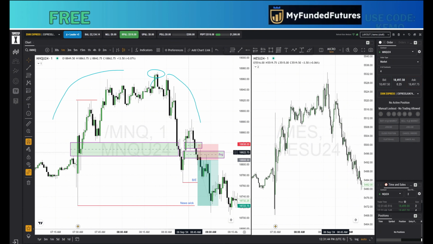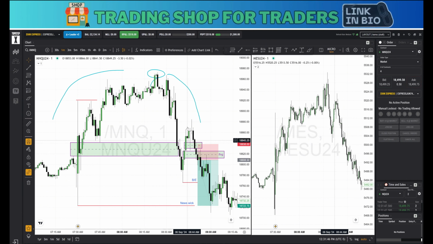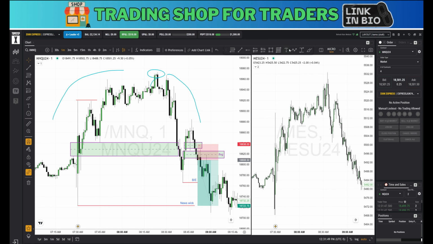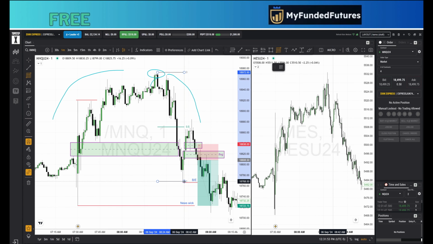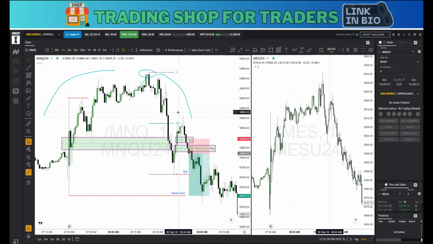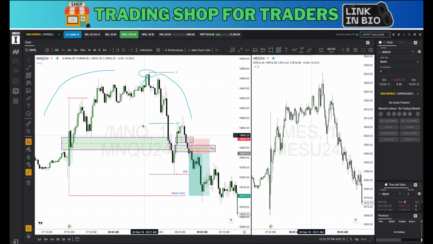And we did exactly that right here. Then the price gave a discount up here to retrace to that 0.5 retracement, right here, and it was a beautiful sale altogether.